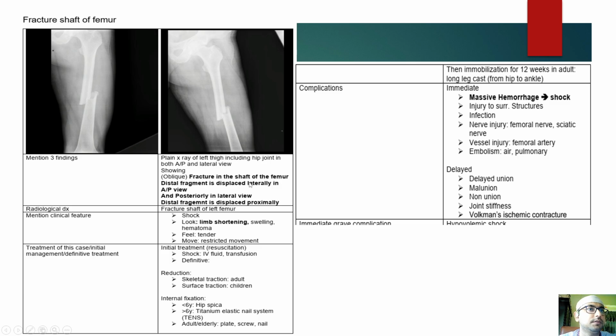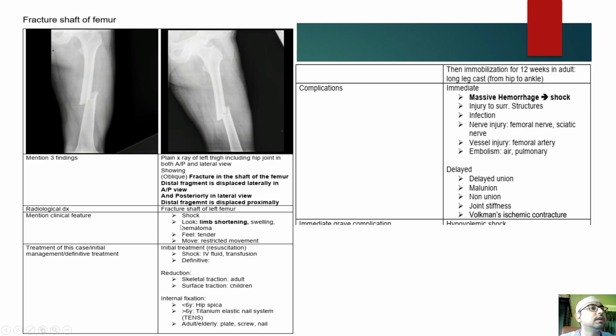Fracture in the shaft of the femur. Distal fragment is displaced laterally in AP view and posteriorly in the lateral view, and the distal fragment is displaced proximally. So you have to mention the whole findings. And the radiological diagnosis: fracture shaft of the femur.